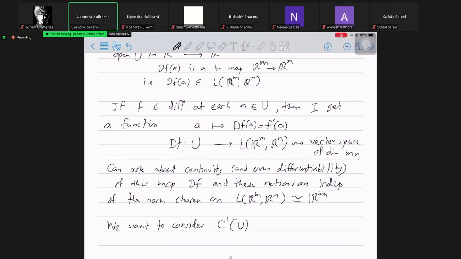So we will consider C1 of U. So this is by definition all functions that are differentiable at each A in U, and df is a continuous function.